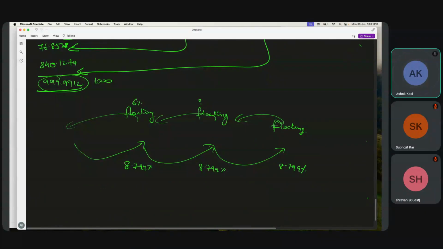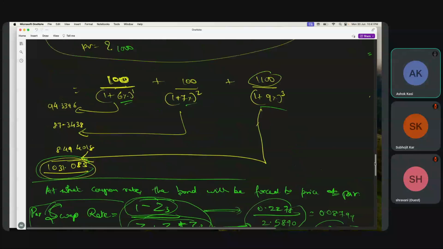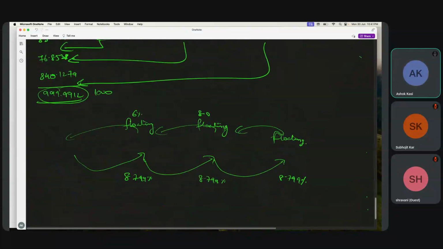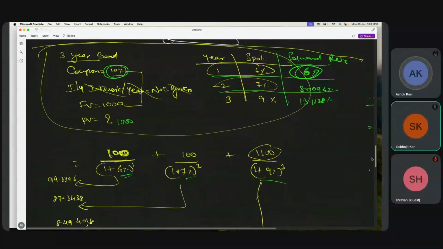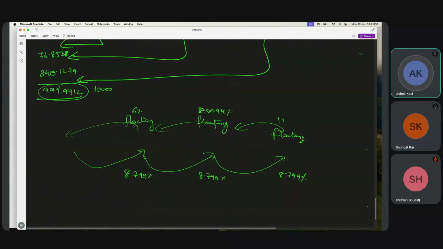And then I will receive 8.0094. And then 13.1128 percent. So here the company is in a loss, right?